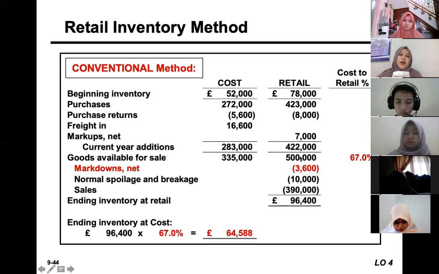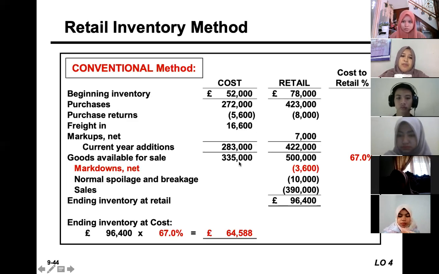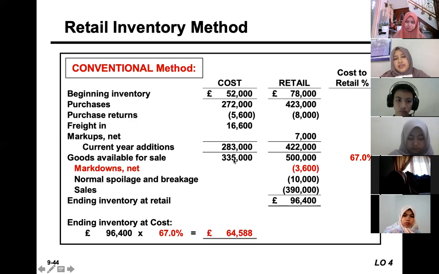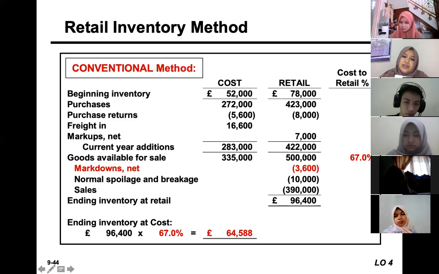Okay, what do we do in the retail inventory method for the conventional approach? We compare how much the goods available for sale are under cost and retail. So 335,000 divided by 500,000 gives us 67%. So it means of this 500,000, actually the cost is 335,000.